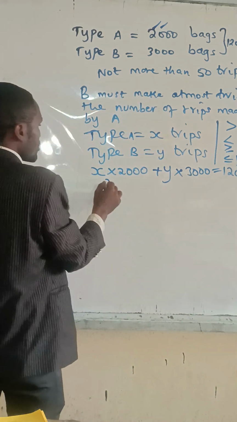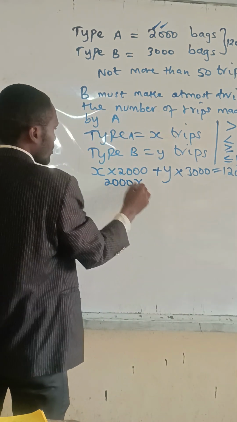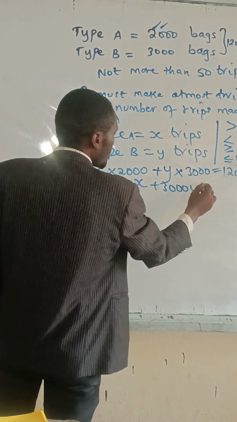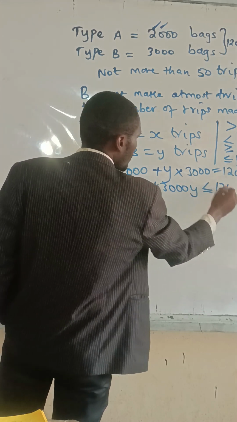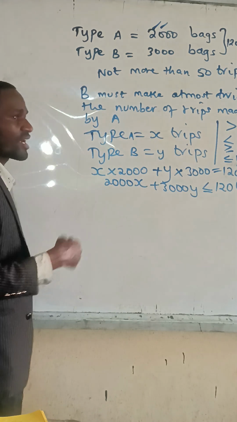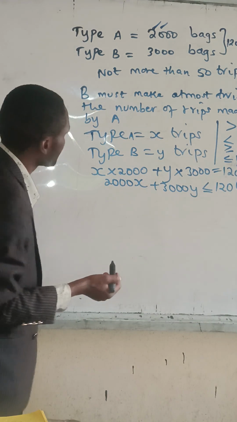So I'm going to say 2000x plus 3000y should be less than or equal to 120,000 bags. So they either carry the exact number or carry less than that.